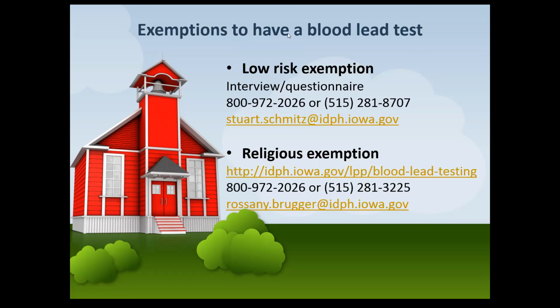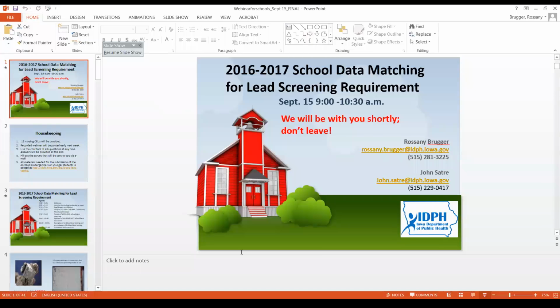Now let me show you how these documents look. Low risk: this document is how you are going to see the information when a parent brings it to you.